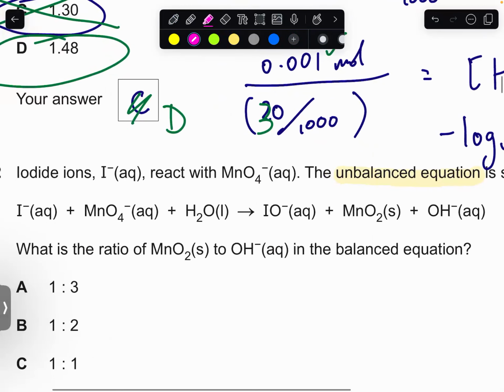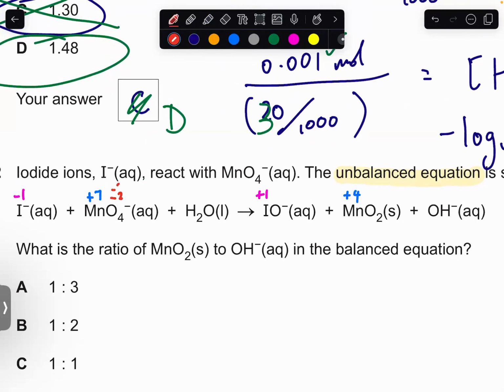You see, iodine has a -1 oxidation number, and it goes to a +1 oxidation number here. Manganese goes from a +7 to a +4. Why is it a +7?